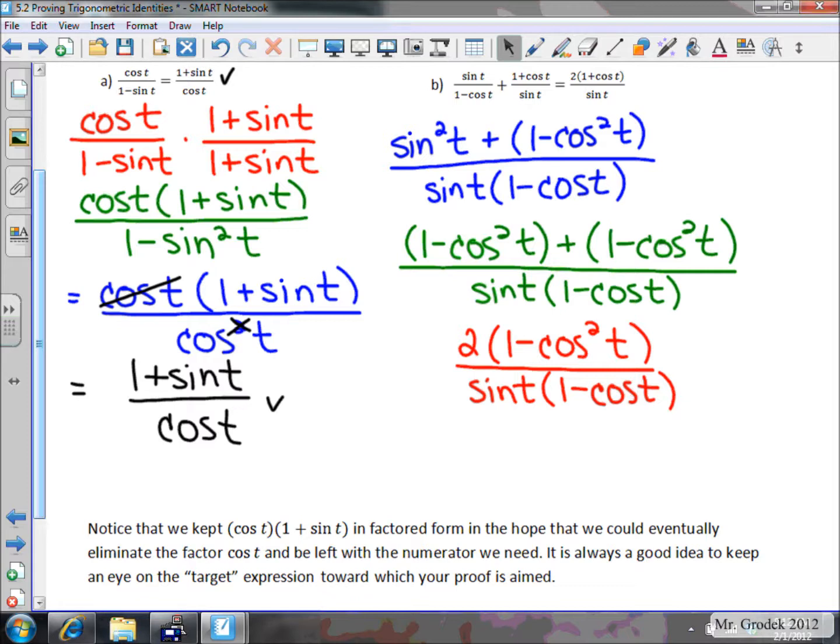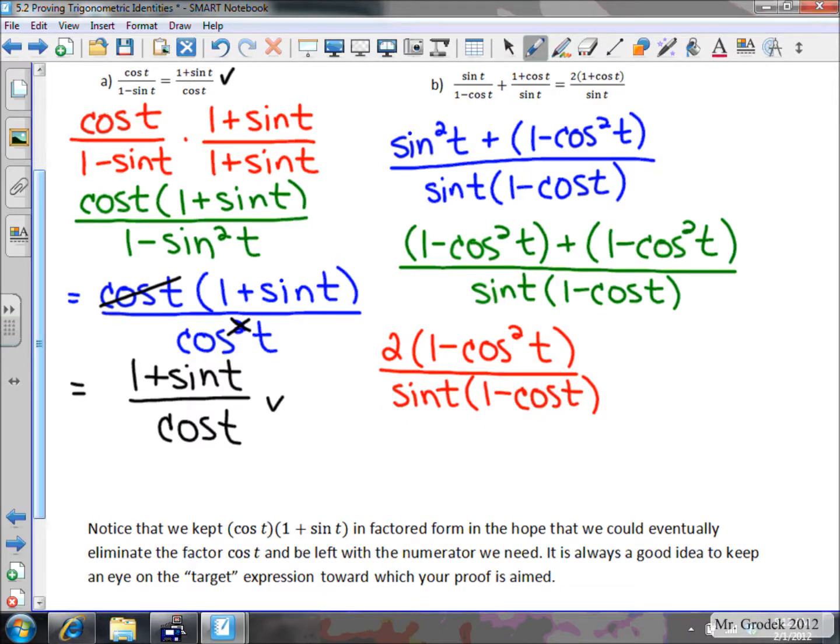I can change the 1 minus cosine squared on top. I can actually change that to 2 times 1 minus cosine t, 1 plus cosine t.